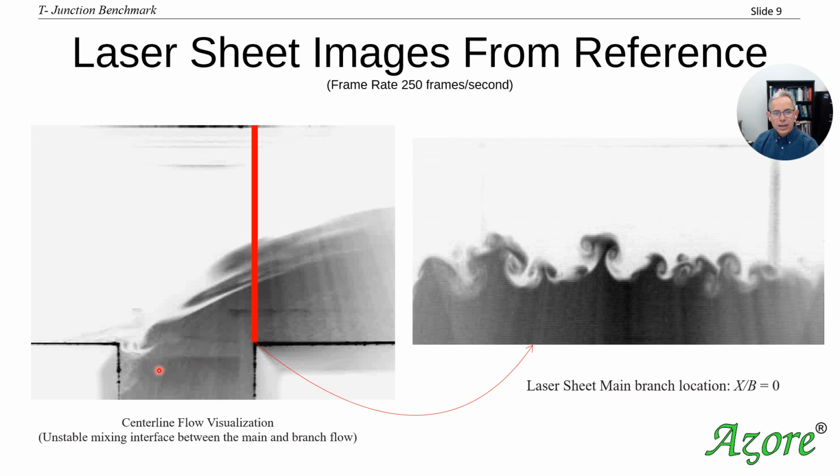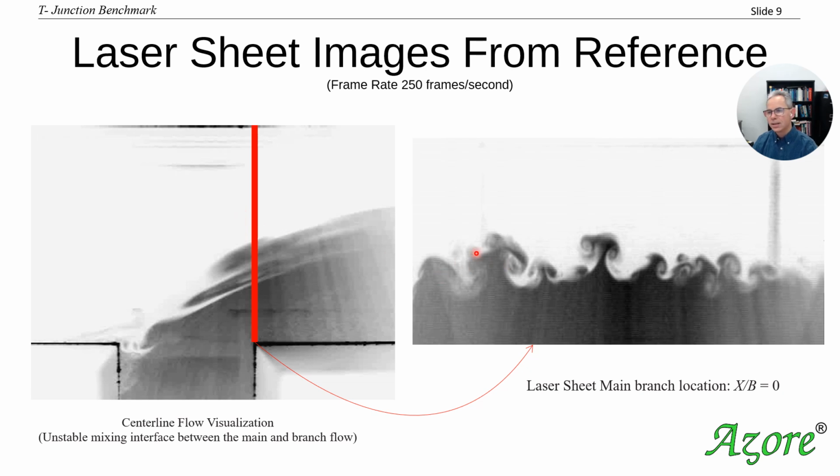Right here, this is similar to the image we just looked at. Here are our hot gases coming in and our cold gases. But if we look right here, we're going to look down the duct now. Right over here, we can see how that mixing process happens.